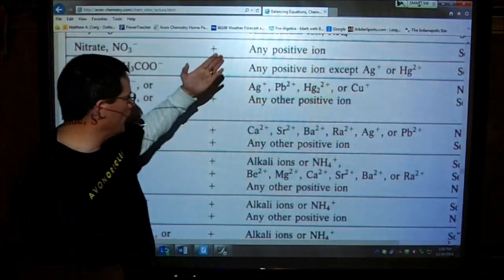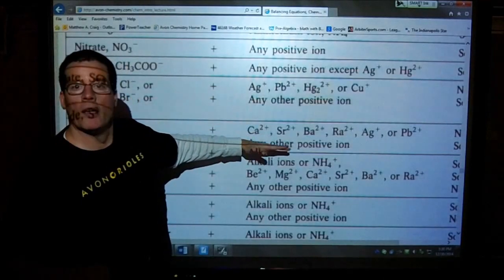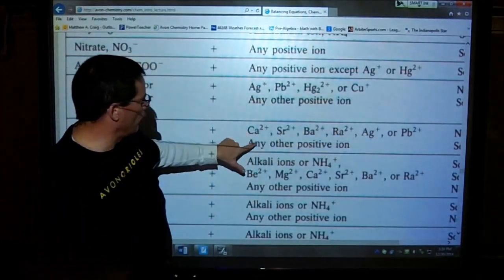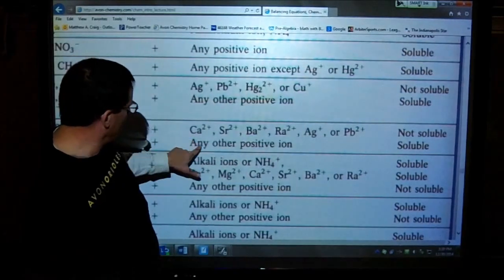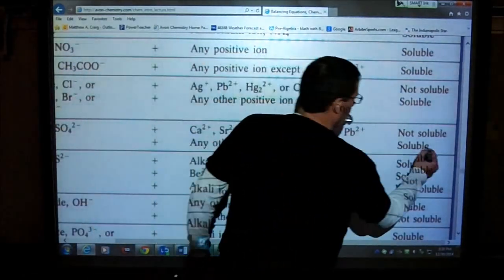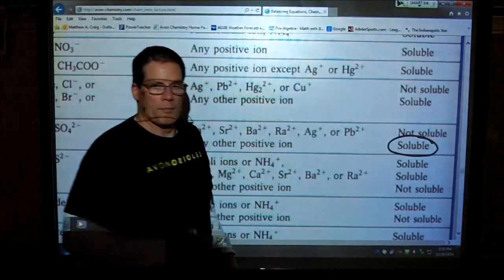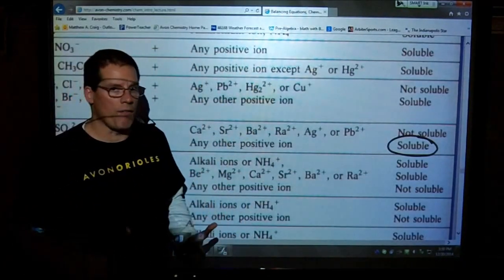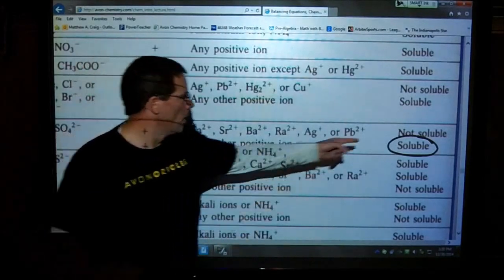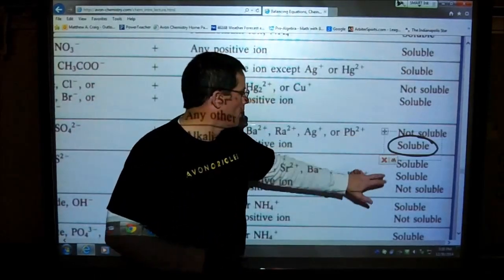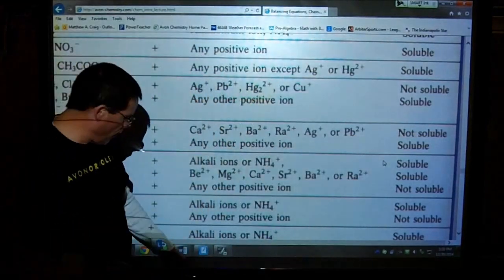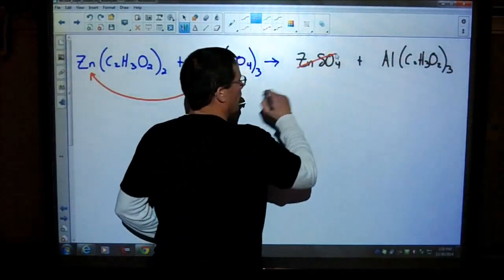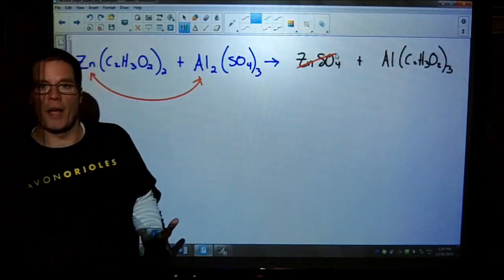No. Is it any other positive ion? Yes. If it's not one of these metals up here, then we say that it's any other positive ion, which means that it is soluble. Soluble means that this zinc sulfate is not forming a precipitate or a not soluble situation. Okay? So the zinc sulfate is doing nothing. It is not forming a precipitate, so we don't have to focus our efforts on that one.